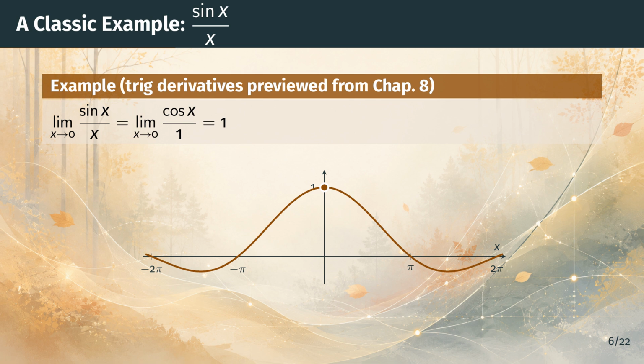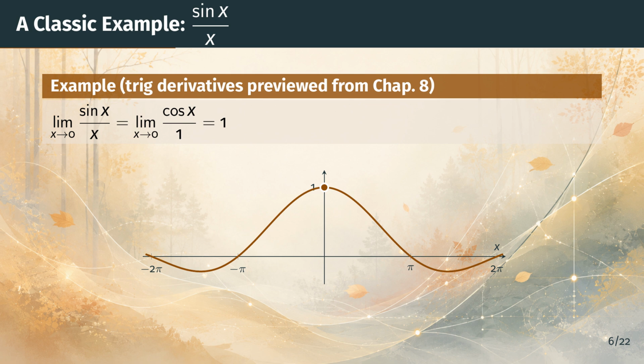This also matches a familiar geometric fact. For a small angle, the sine of x is very nearly x itself, so their ratio sits close to 1. The picture shows the graph of sine of x over x in amber. Away from the origin it dips and oscillates, but as x approaches 0 from either side, the curve rises smoothly to the height 1, marked by the dot on the vertical axis.